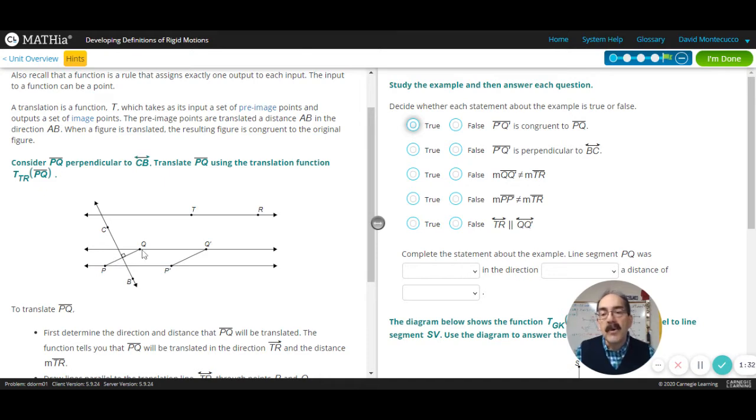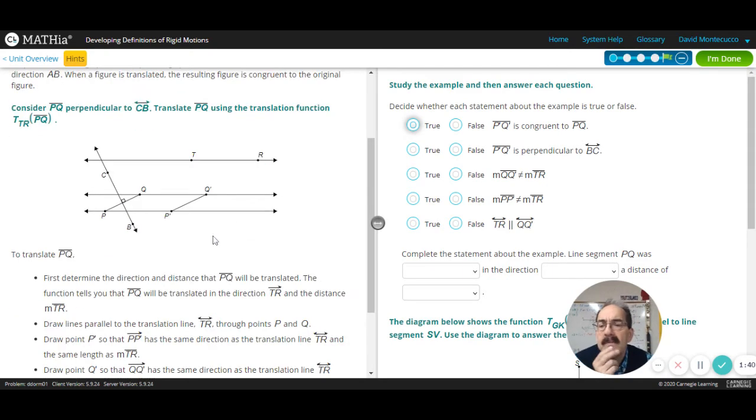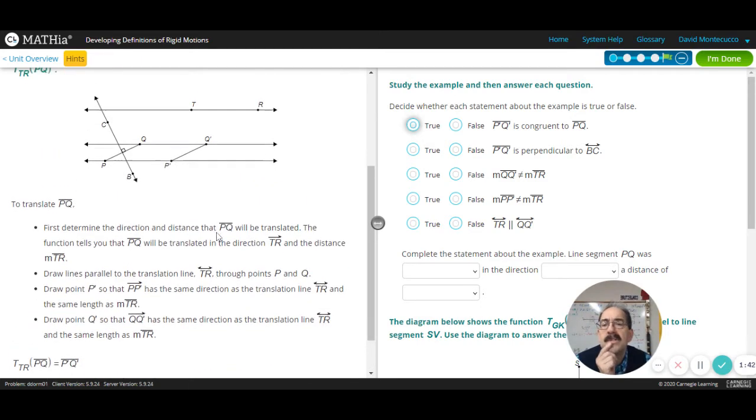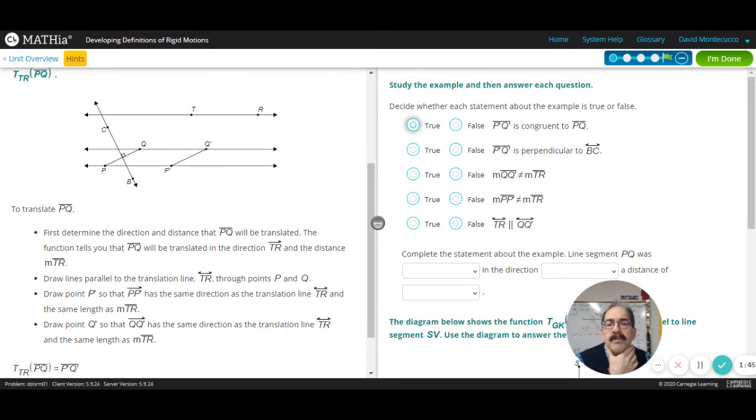Translate from here along here to here. To translate, first determine the direction of the translation PQ. Translate in the direction of TR of a distance MTR.